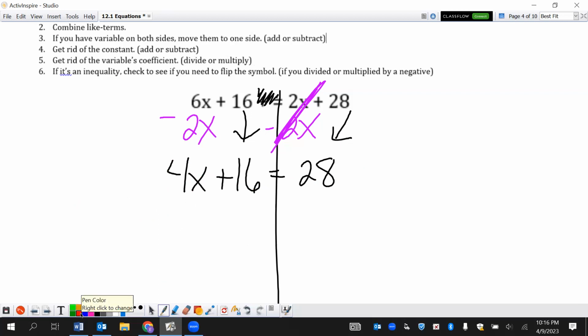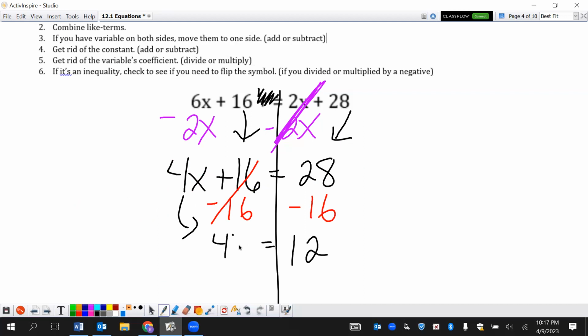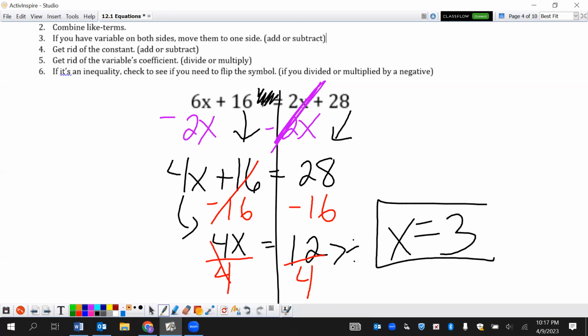It's a plus 16, so I'm going to do the opposite, minus 16 on both sides. 28 minus 16 is 12. Bring down the 4x. Then whatever number is with the x, that's the number you divide on both sides. So you have x equals 12 divided by 4 is 3. X equals 3.